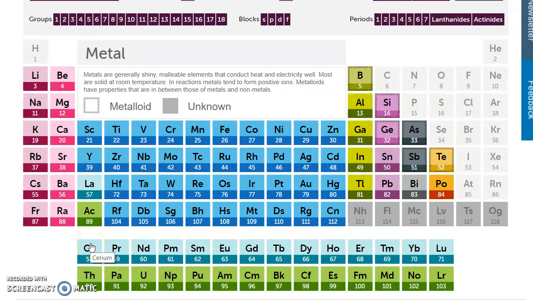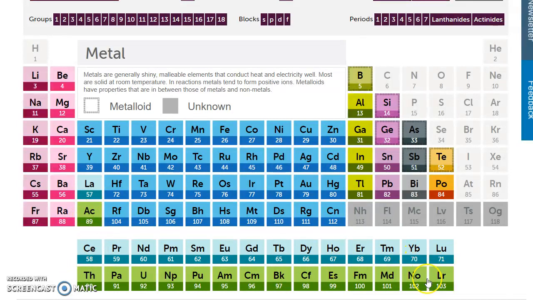Cerium has 58, praseodymium has 59, so these actually slot in here between these two. And this one, thorium, protactinium, all of these along here slot in here.